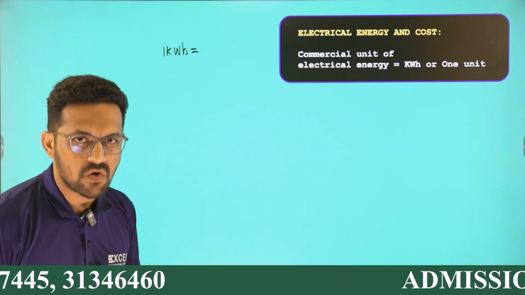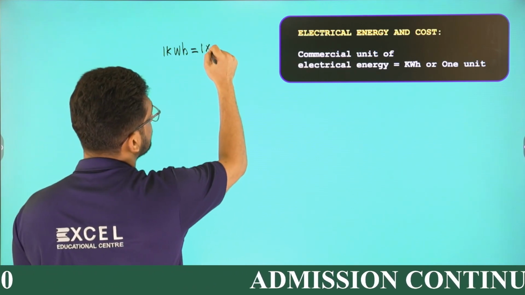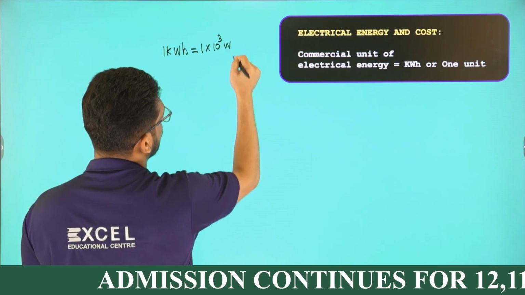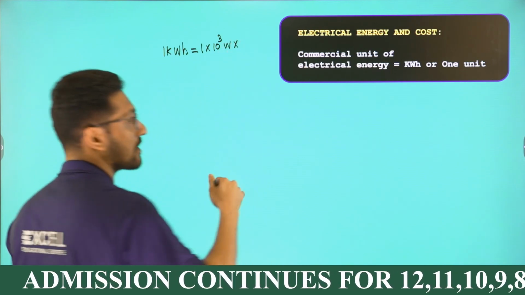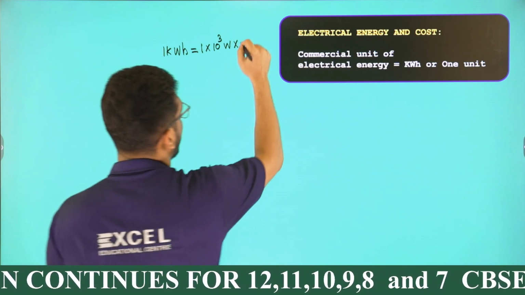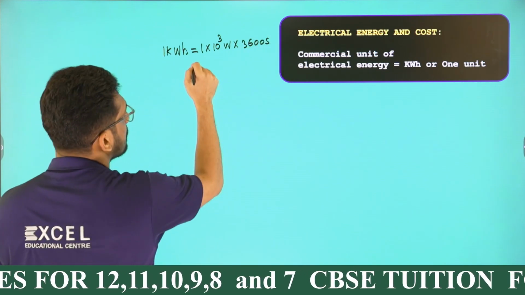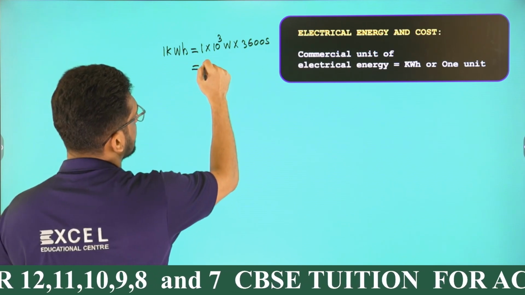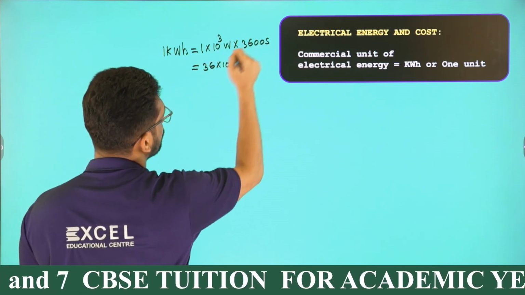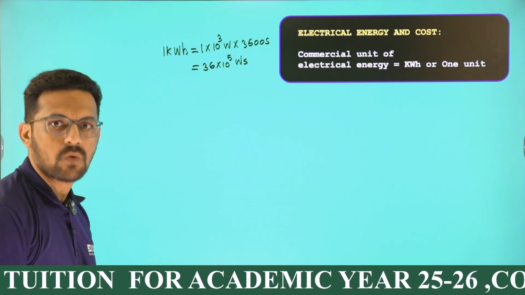How to convert kilowatt hour into joule? Let's see that 1 kilowatt hour is 1 into kilo, 10 raised to 3 watt into hour. Convert hour into second. 3600 seconds is 1 hour. This can be written as 3.6 into 10 raised to 3 plus 2, 10 raised to 5 watt second. What is this watt second?